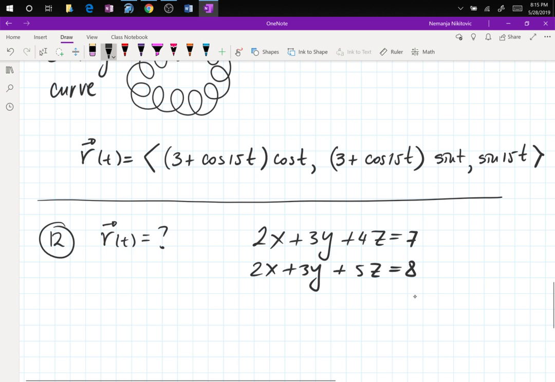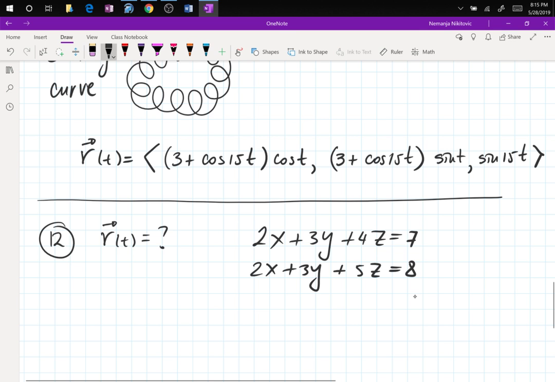So what did we learn before? I believe we did a problem like this already. What do we need to do to find the line that they both share? What is the direction? How would you find the slope of this line?